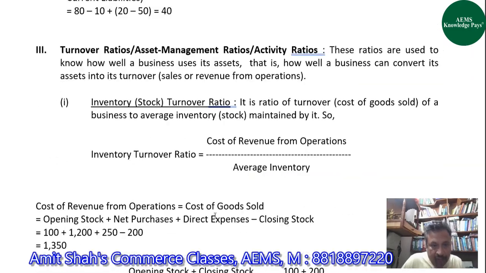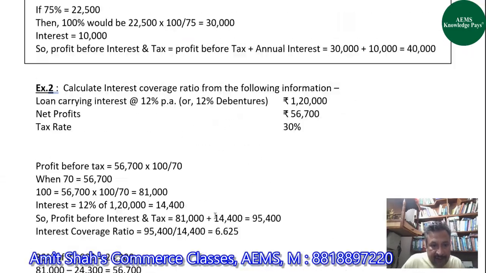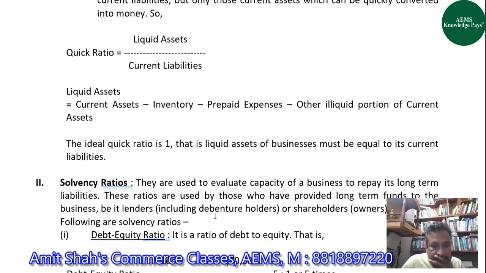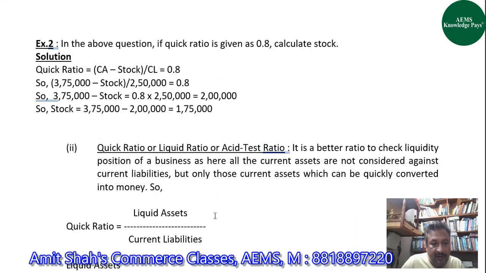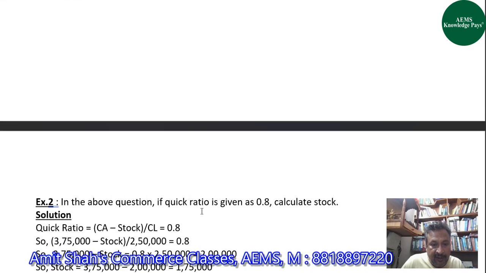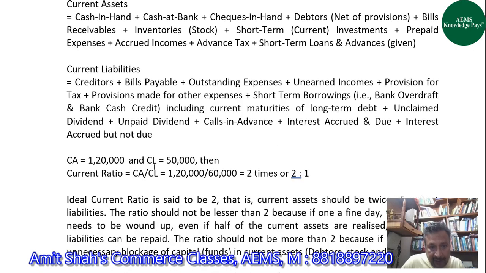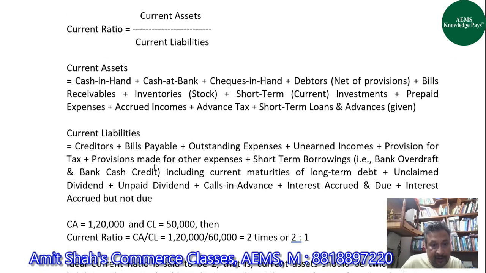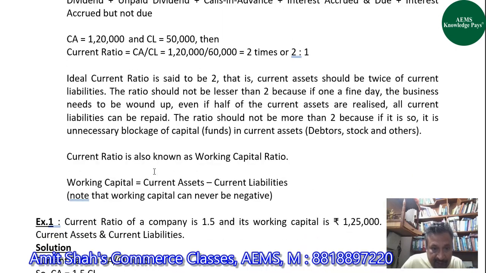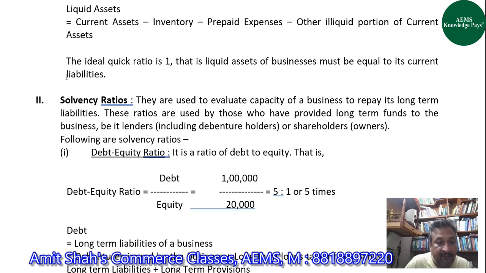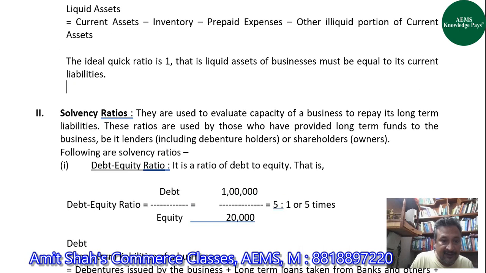Okay, guys, we also saw liquidity ratios, in that we saw two ratios, current ratio and quick ratio. This is our quick ratio, and here we have current ratio. In both these ratios, we have debtors included. So in both these ratios, guys, debtors are taken at net of any provisions made against them. So I'm writing this here.